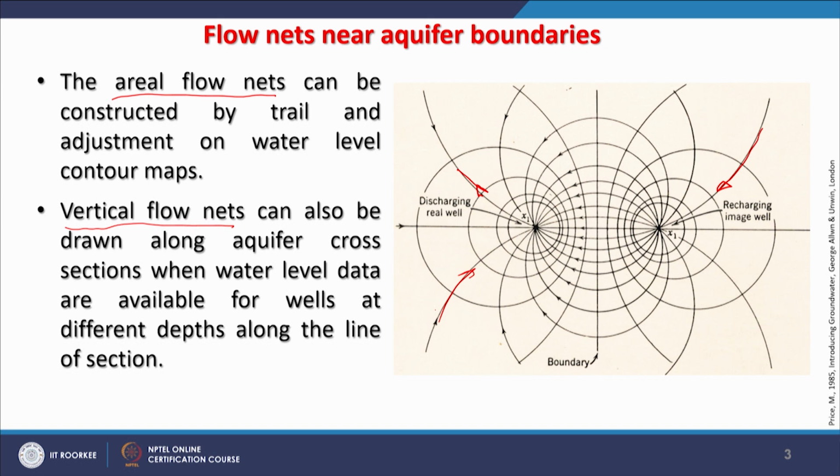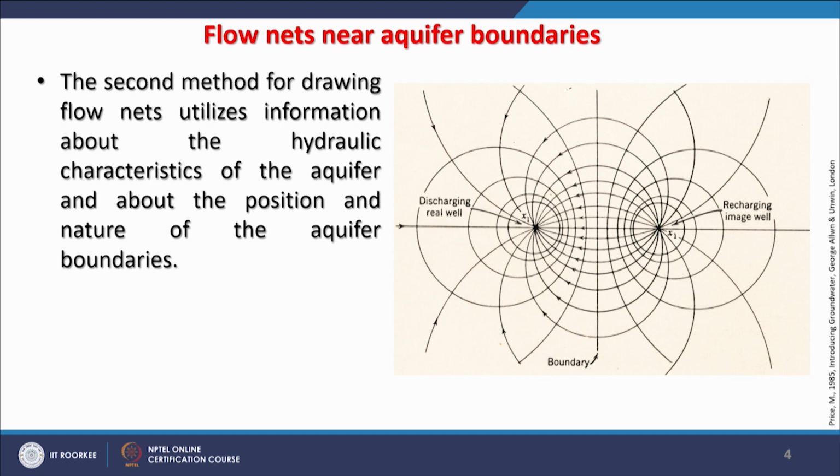So, by these two types of flow nets we can have a plan view as well as a section view. Plan view we can have like this one through the aerial flow nets, or through the vertical flow nets we can have a section also, which will allow us to understand not only the aquifer boundaries, but the behavior of an aquifer in case of recharge or discharge.